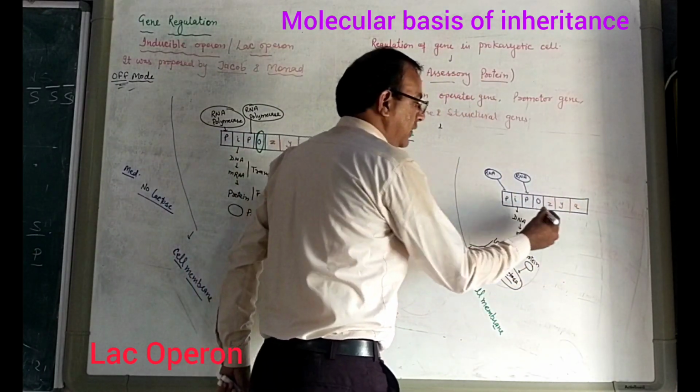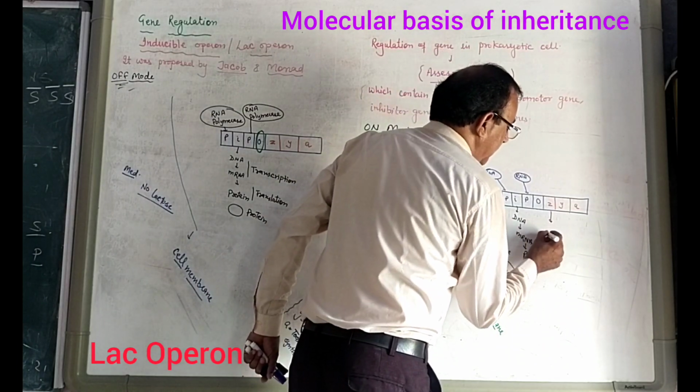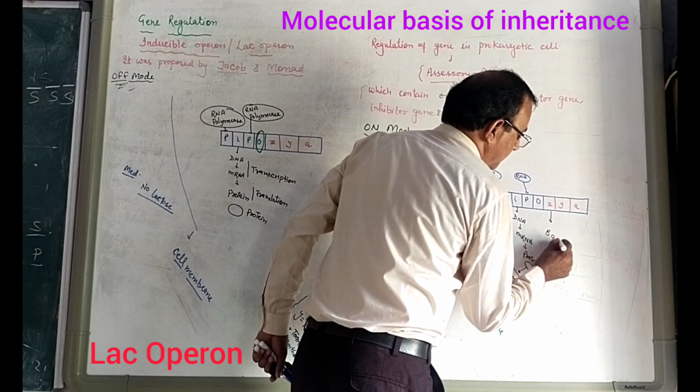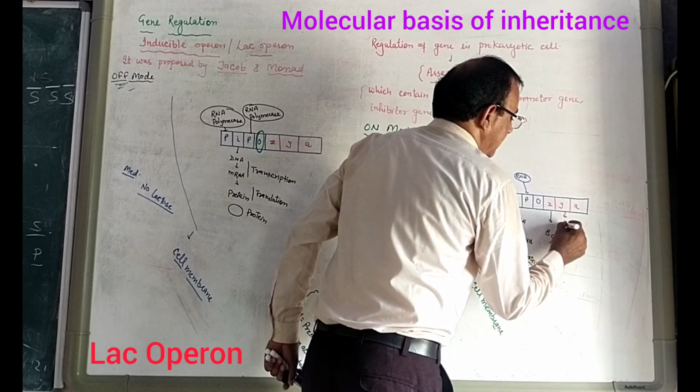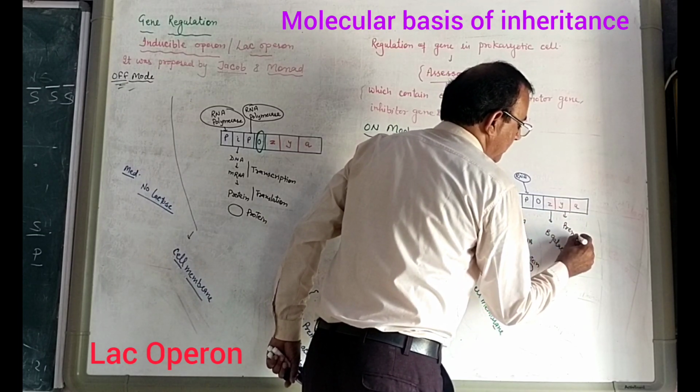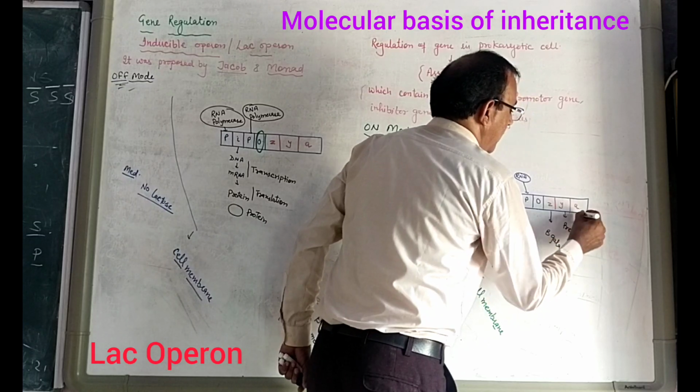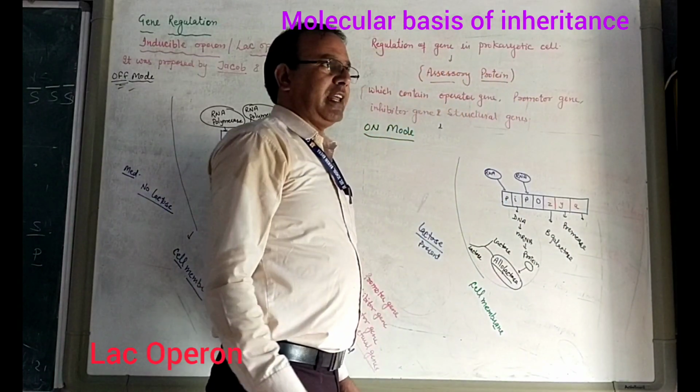In this condition, Z will synthesize beta galactosidase, Y synthesizes permease, and A stands for transacetylase.